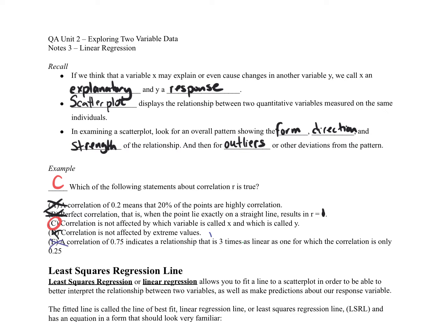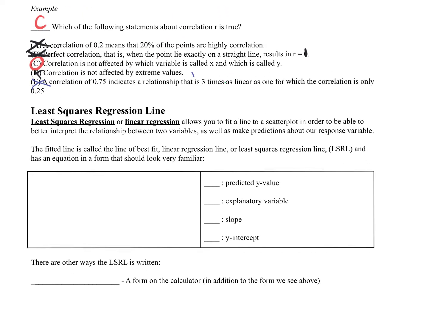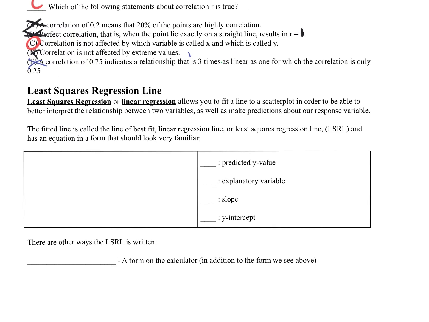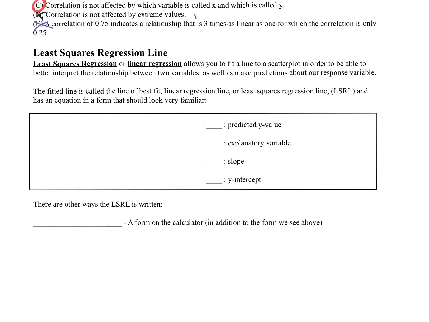So our goal is to take these correlations and make a mechanism that will help us predict future values. Okay? We do that with what's called a least squares regression line. This is sometimes also referred to as the line of best fit. We'll also abbreviate this a lot as LSRL, least squares regression line.